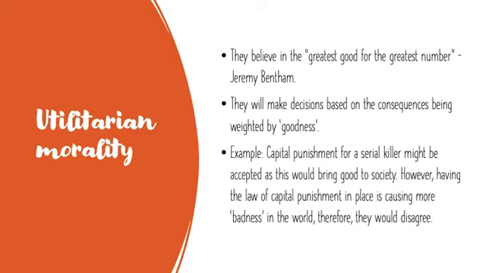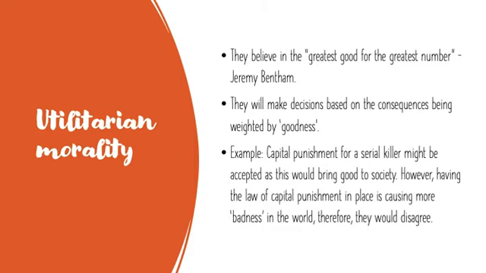They will make decisions based on the consequences and weighing up the goodness in it. For example, a capital punishment for a serial killer might be accepted as this would bring good to society. For example, people would feel safe. They didn't like the person because of the acts that they committed, therefore, they would feel more compassionate towards the victim rather than the criminal.